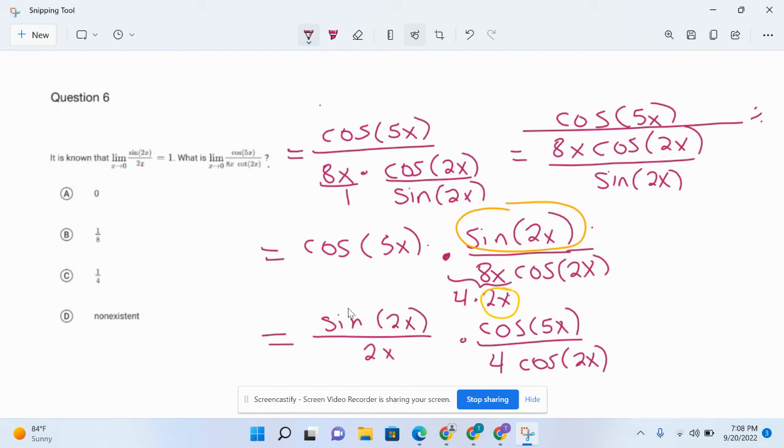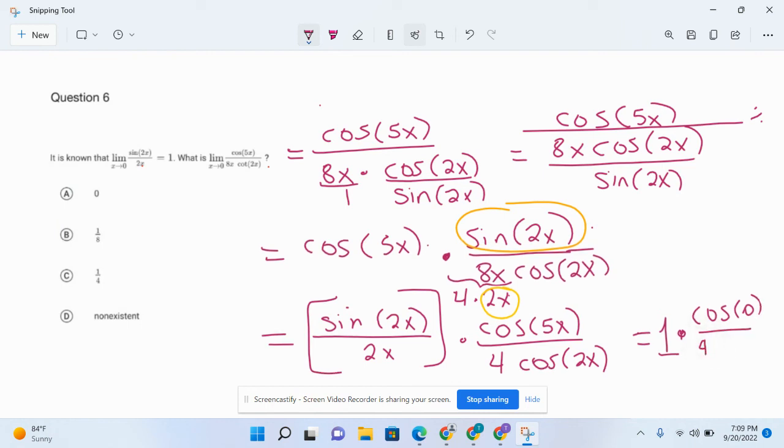Now if I find the limit of this whole thing, I know this limit is really 1. So I'll put 1 here, times, and then I can use direct substitution for the rest. If I put 0 in for x, cosine of 5 times 0 would be cosine of 0.